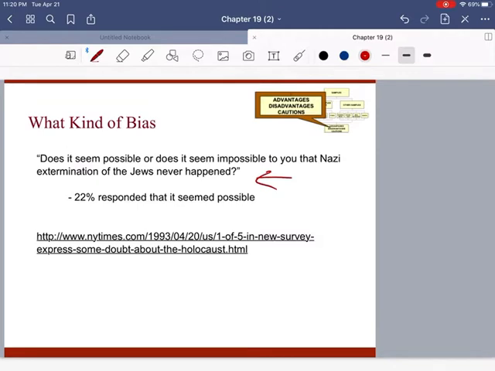Does it seem possible or does it seem impossible to you that the Nazi extermination of the Jews never happened? Okay, that question is super confusing just in the way it's worded. And so 22% of people responded it seemed possible. So let's go back and read what they are even saying seemed possible. It seemed possible that the Nazi extermination never happened. Okay, but in order to understand what they were saying, I had to read that again.